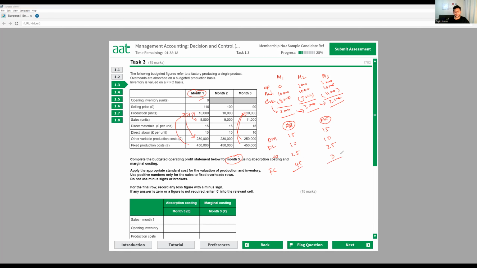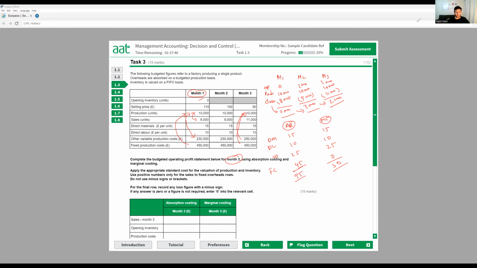When you value our closing inventory, we use the full cost for the absorption, including the fixed, but for the marginal, only the variable. So if we add it here, 15 plus 10, 25 plus 25 plus 45. Under the absorption costing, we have 95 per unit. And under the marginal costing, we have 50.